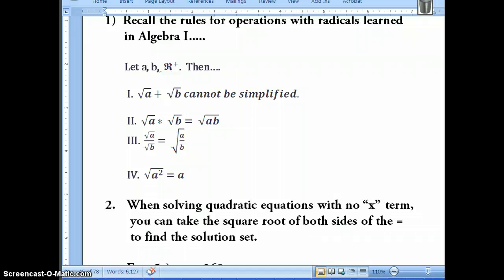When you get into Algebra 2, you'll get into the positive root and the negative root. And so that's our basic review for radicals. And again, I know most or all of you have had this in Algebra 1, some of you more extensively than others. And we also have some students that have taken Algebra 2 prior to geometry, and so they would be very, very adept at working with these.